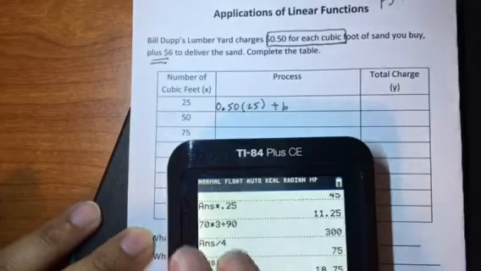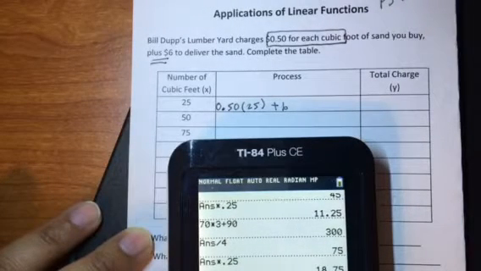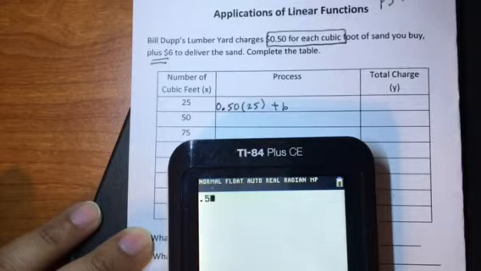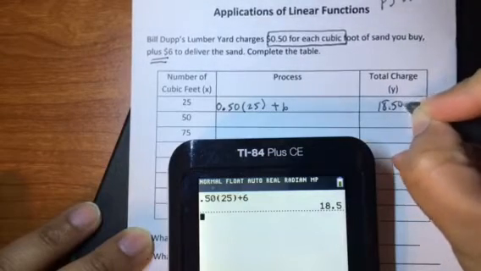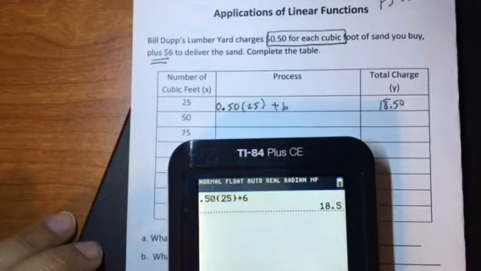So we have 0.50 times 25 plus 6. So this is $18.50. Remember, it's 50 cents because we're dealing with money.